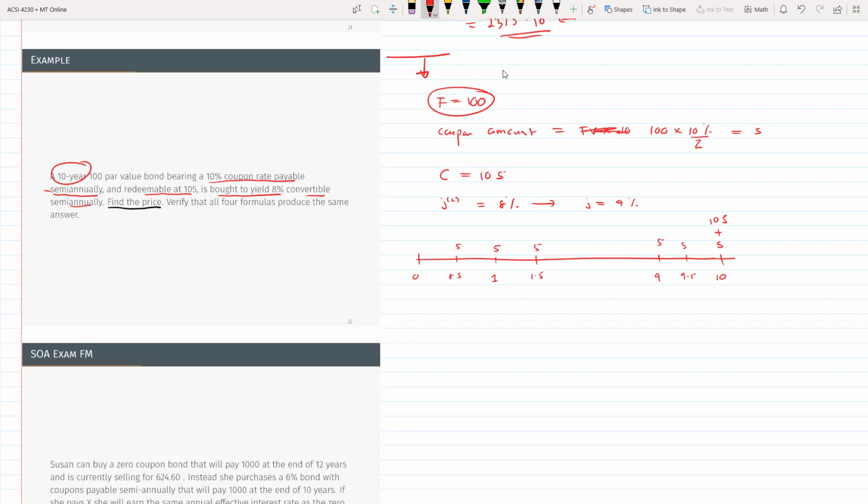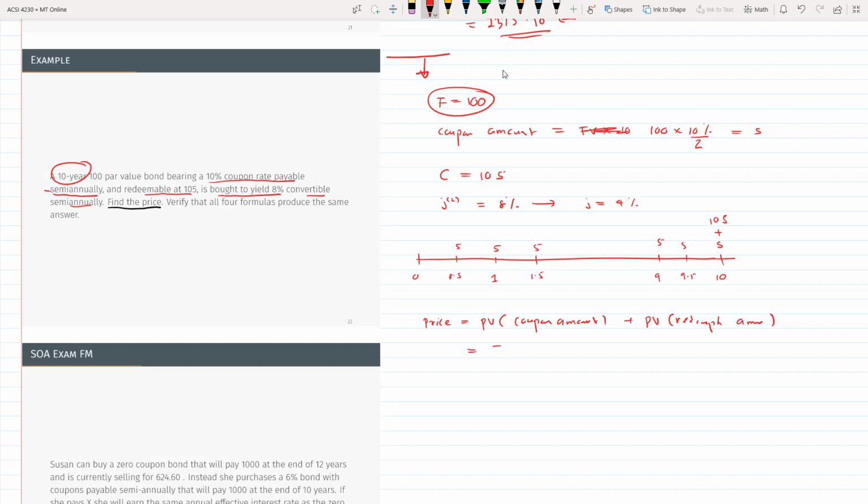Now, when you get this kind of problem, let me first write the basic price formula. The basic price formula says price equals the present value of coupon amount plus present value of redemption amount.